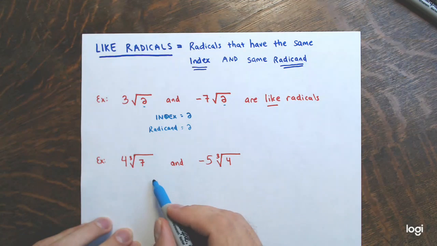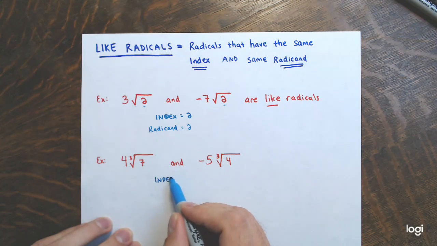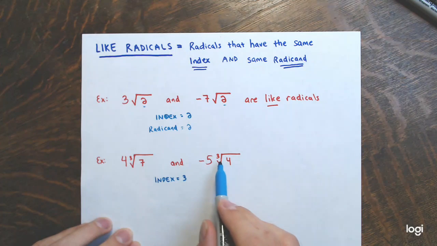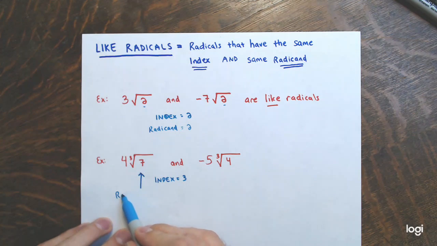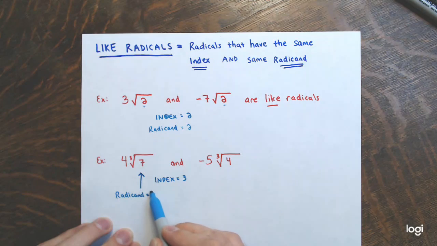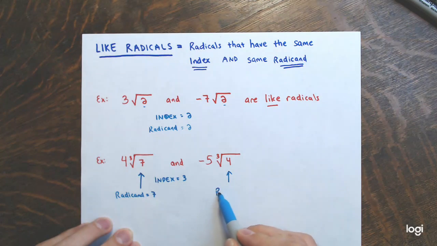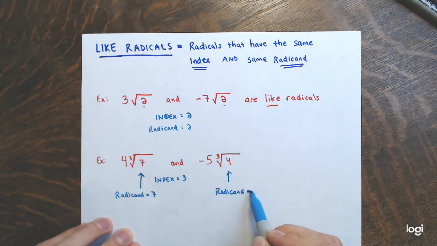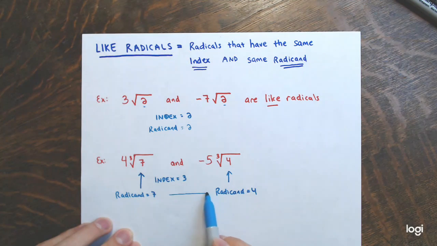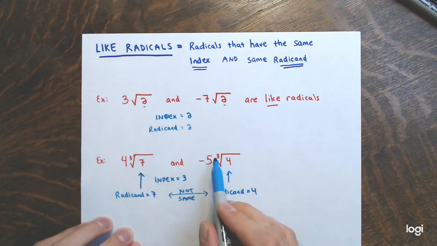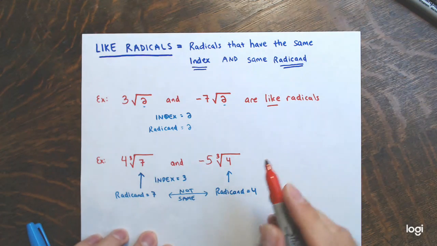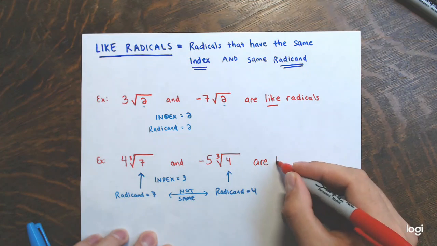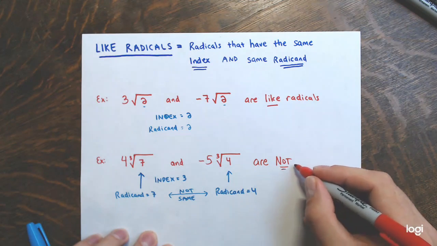The index is the same for both of them, both have an index of 3, but this has a radicand of 7, and this has a radicand of 4. Not the same. So they have the same index, great, but not the same radicand. So these two radical expressions are not like radicals.